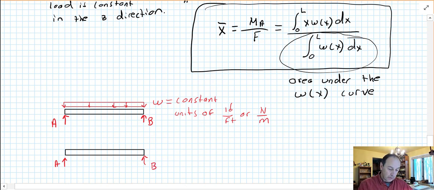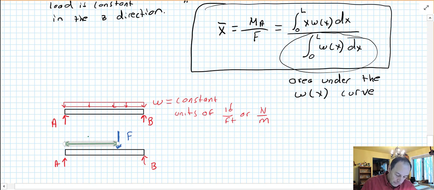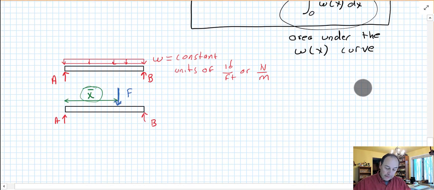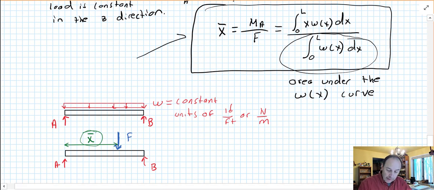But now we have an equivalent force that's acting at some distance from A, and our goal, assuming we know W, is to find what that distance is. Okay, so how do we go about that? Well, we use our relationship right here.